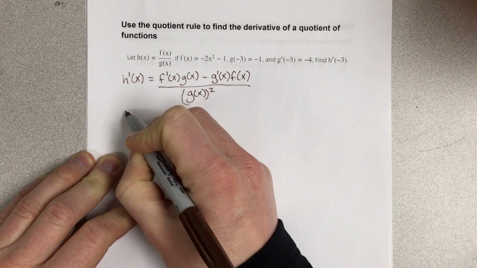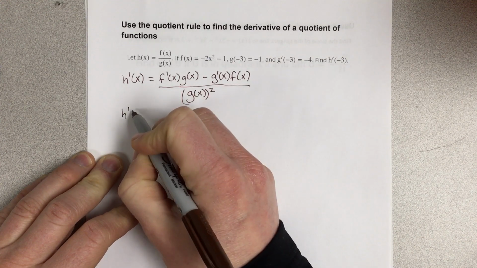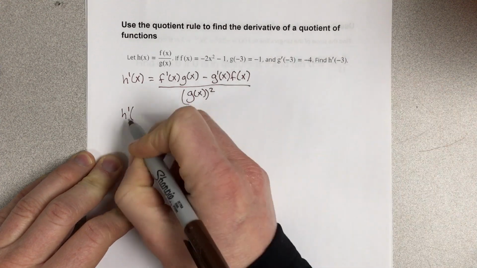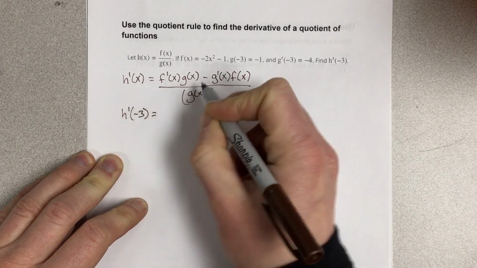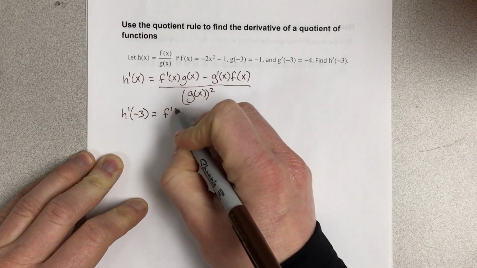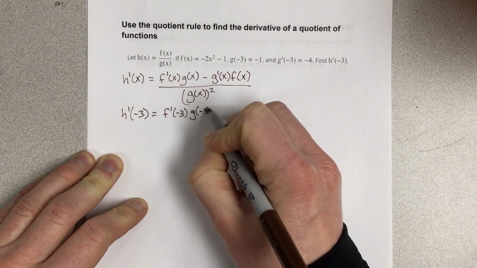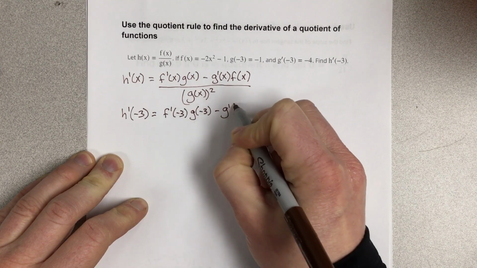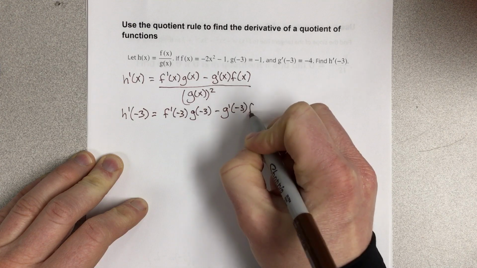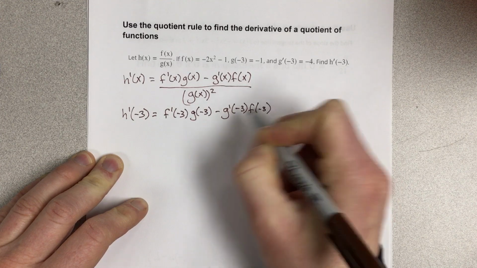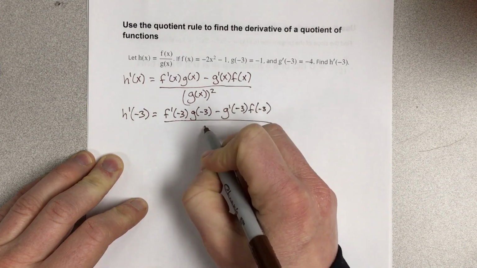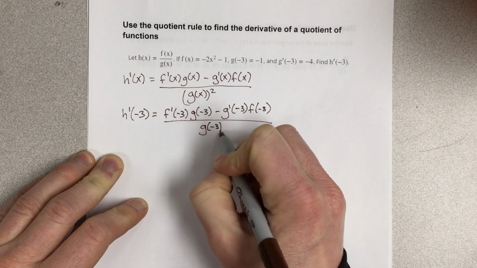So then, really what I need to know is, I'm trying to find h prime of negative 3. So I'm going to plug negative 3 into each of these. So I get f prime of negative 3, g of negative 3, minus g prime of negative 3, f of negative 3, all over g of negative 3 squared.